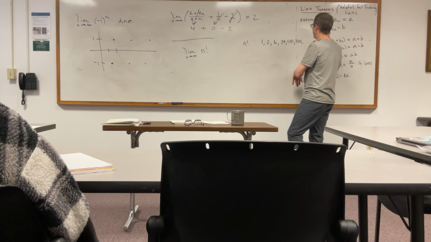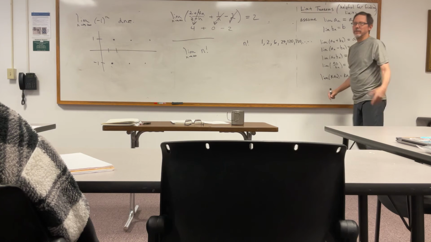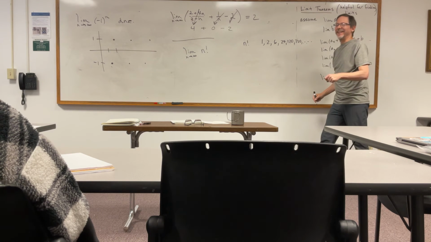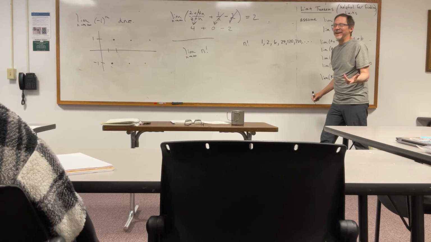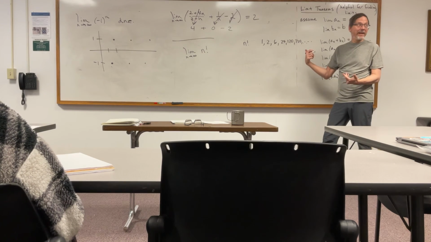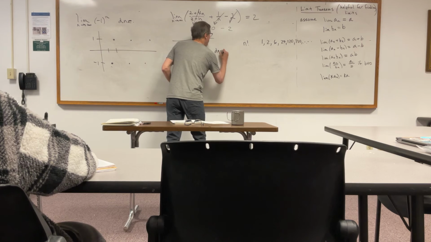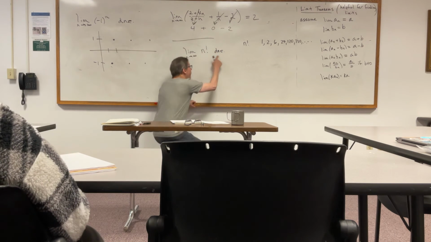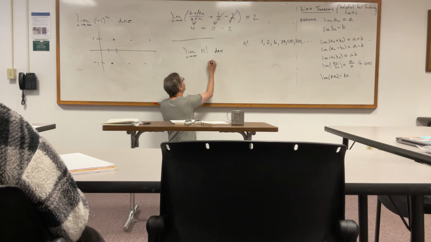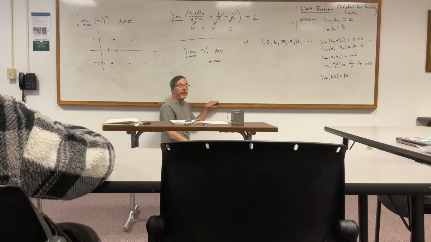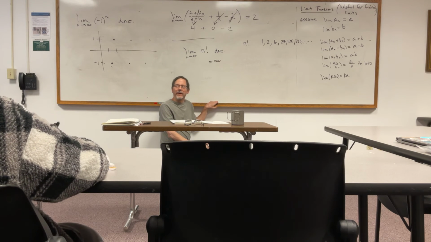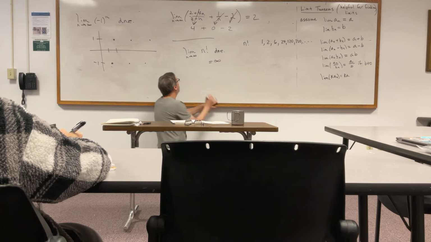Oh, good Lord. It doesn't slow down. It's blowing up. So this does not exist either. We could say it equals infinity if we wanted, and that's okay. It's an infinite limit.